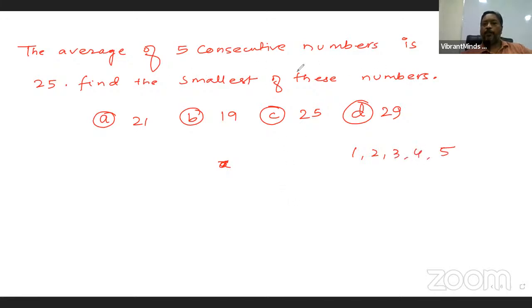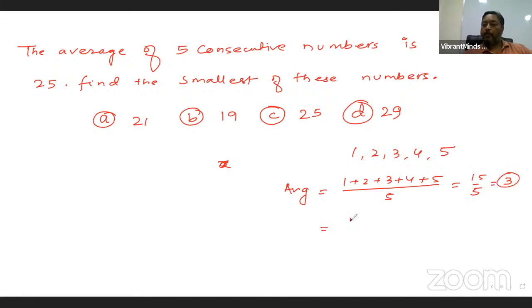I'm writing out 5 consecutive numbers. For consecutive numbers, how do you take out the average? The first method is 1 plus 2 plus 3 plus 4 plus 5, divided by 5. That gives 15 by 5, and that is 3.